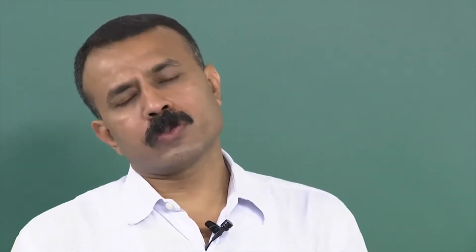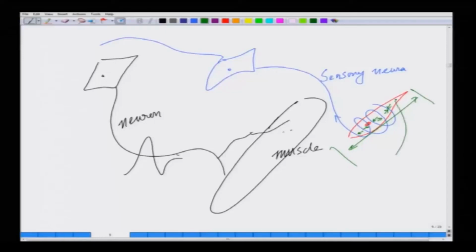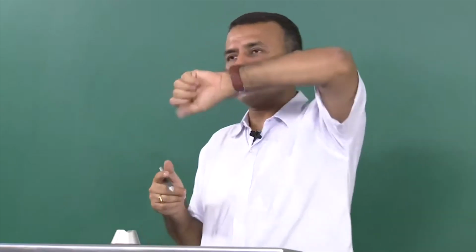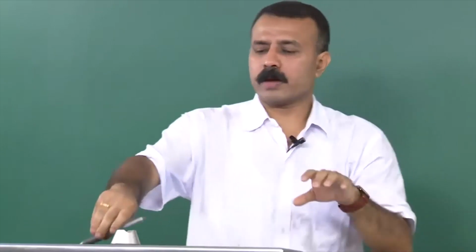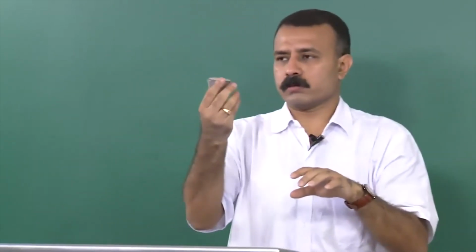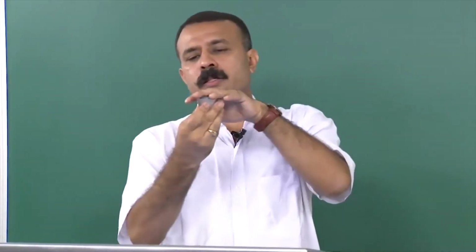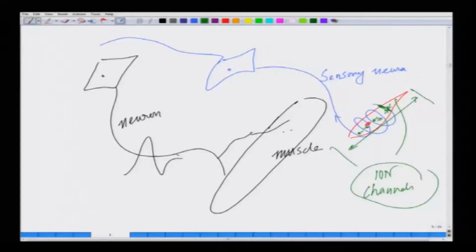It is not yet known. Is it just a physical change, the stretch and push and pull, or is it because these two structures are so integrated? For example, imagine this is your muscle spindle and these are the processes of the sensory neuron.